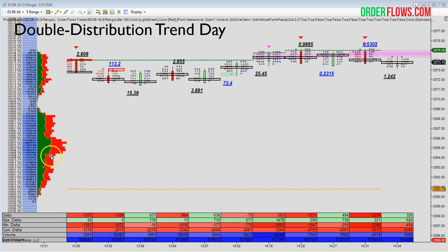We had put in this value area down here, lower at 2066. Then later, the market popped up, and all of a sudden we're putting in another value area right up here. You have a very skinny area, a low volume node, and we never came back down to fill it in. Instead, we're putting in another value area right up here.